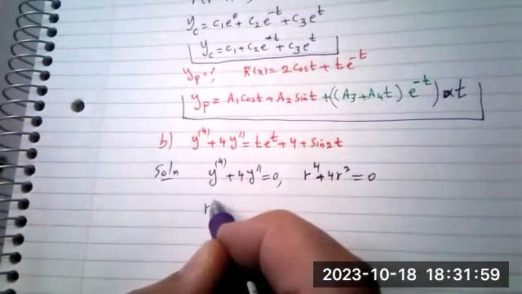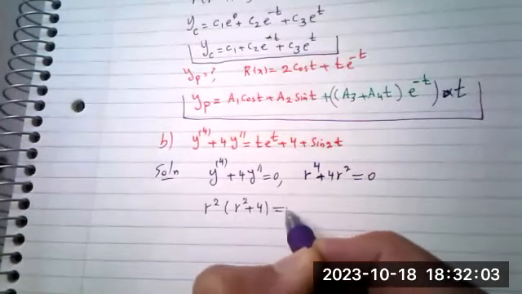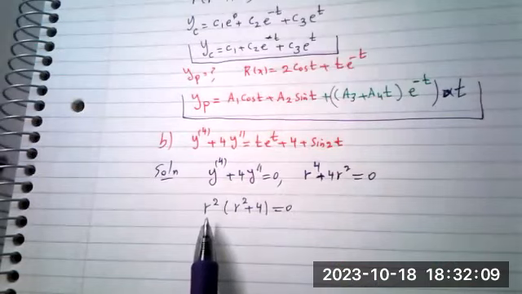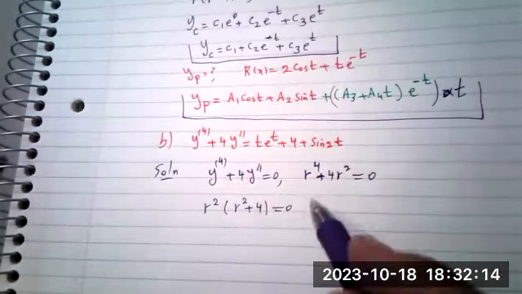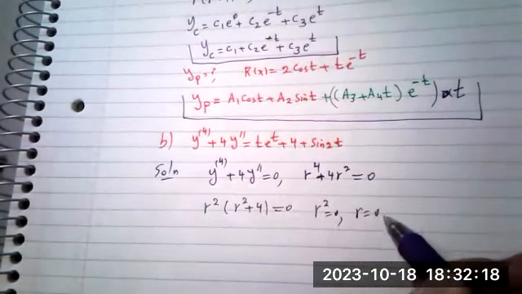So it's going to be r squared times r squared plus 4 equals 0. So far from the r squared, we get 0, 0. If I write it down, r squared equals 0, that gives you 0, 0.